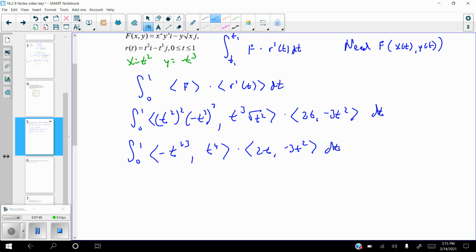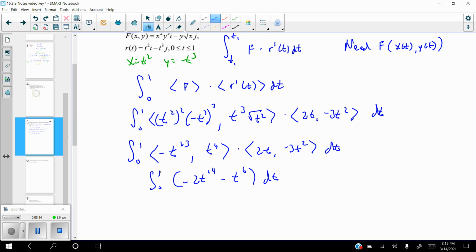All right, so dot product, multiplying the first components together, we're going to get negative 2t to the 14th. The second components together, we get minus t to the 6th. And remember, we add these. So it's no longer a vector once you've taken the dot product. So let's see, you can't really add those together.